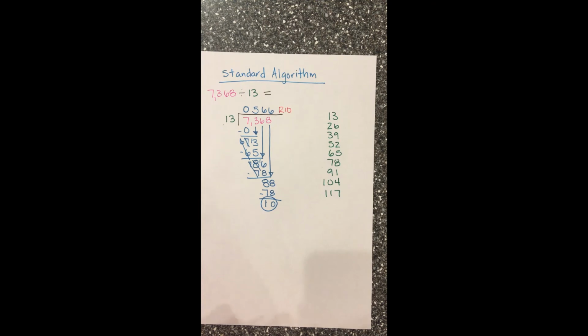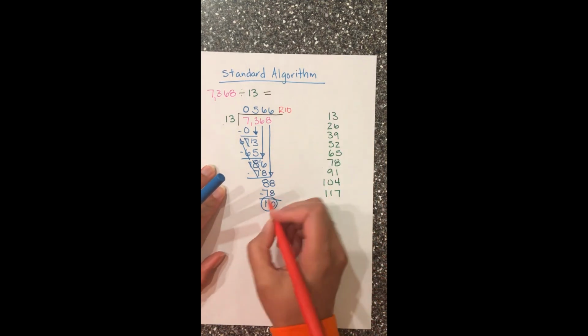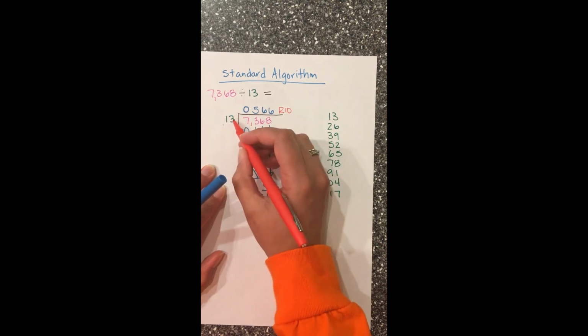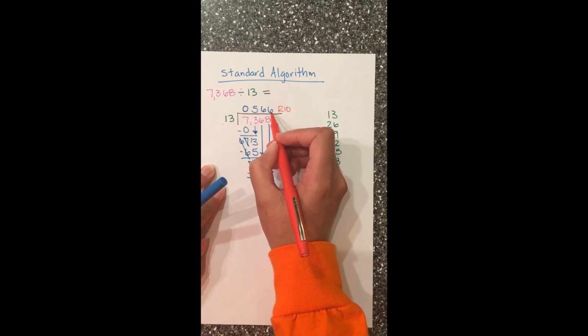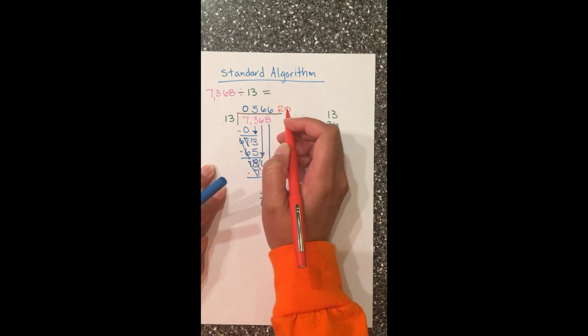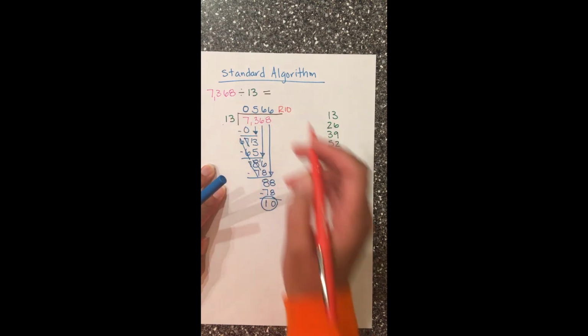We can also show our remainder. This is something that I have taught. We can also show our remainder like a fraction. So with 10, we made 566 groups with 13 pieces in it.